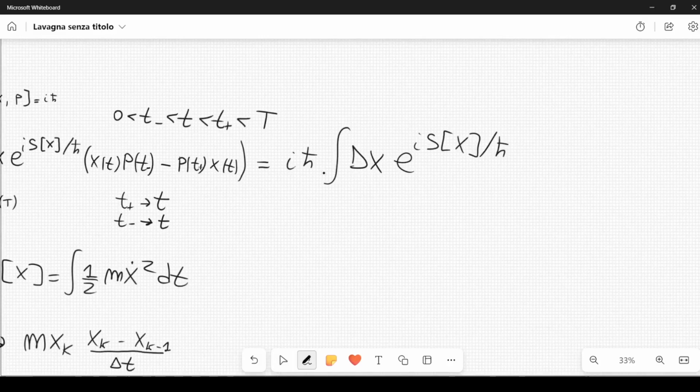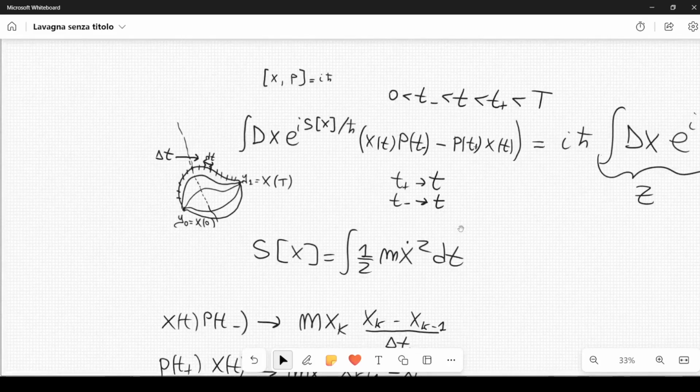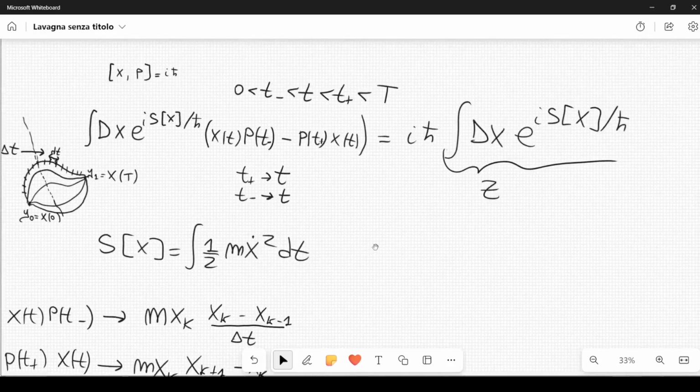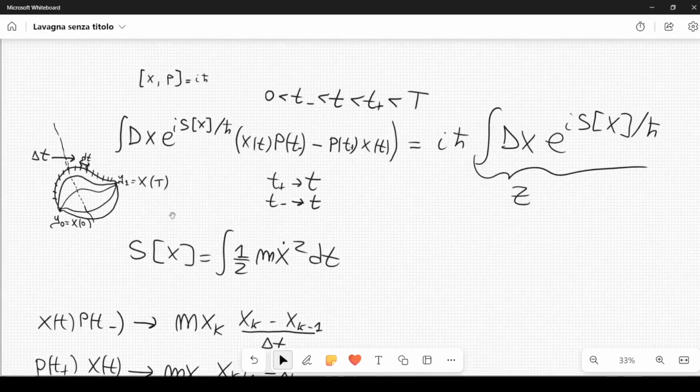And this is just the partition function from this point y0 to this point x of t, if you want, which we have not used here, but you have to think that we have a starting point and an end point for the partition function.